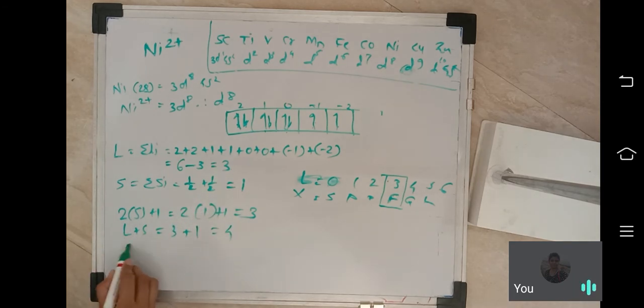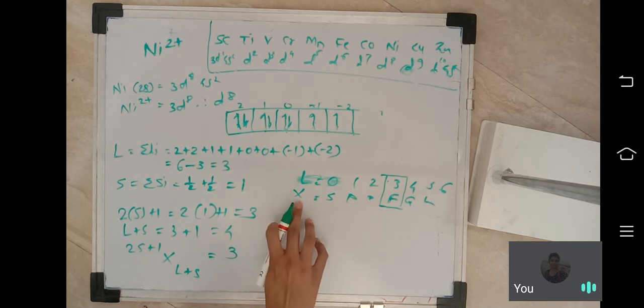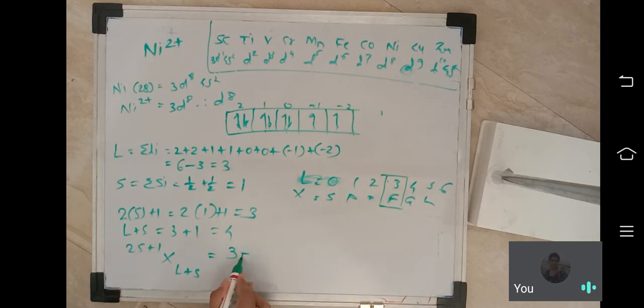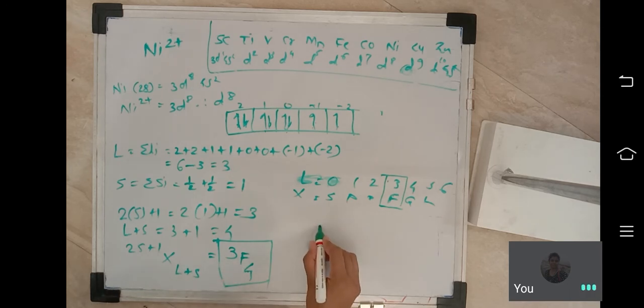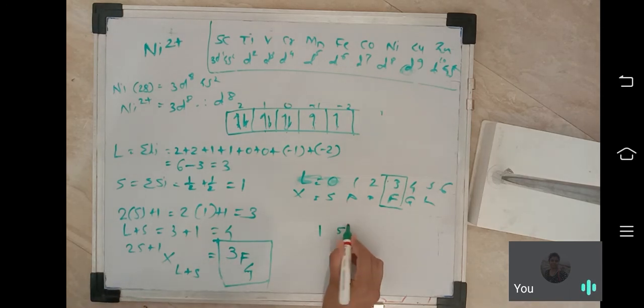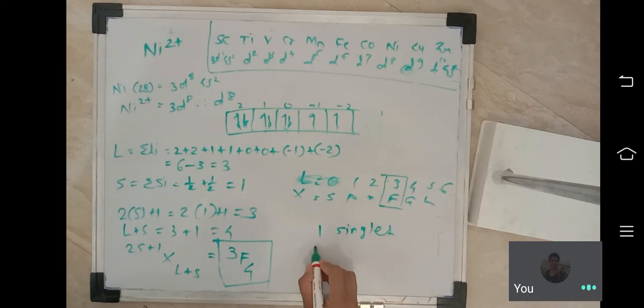Then you write the formula 2S plus 1, X, L plus S. Here 2S plus 1 is 3, X is F and L plus S is 4. That means the answer is triplet F4. How do you read this ground state term? Triplet F4. When 1 is there, it is singlet. When 2 is there, doublet. When 3 is there, triplet.